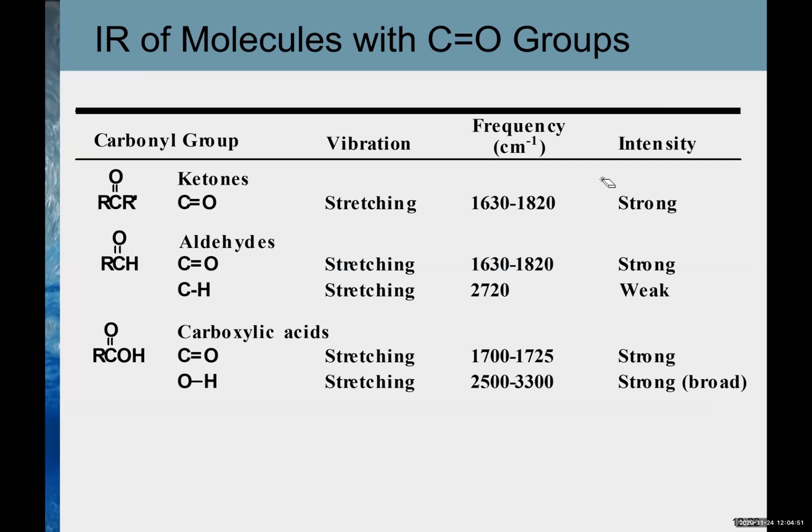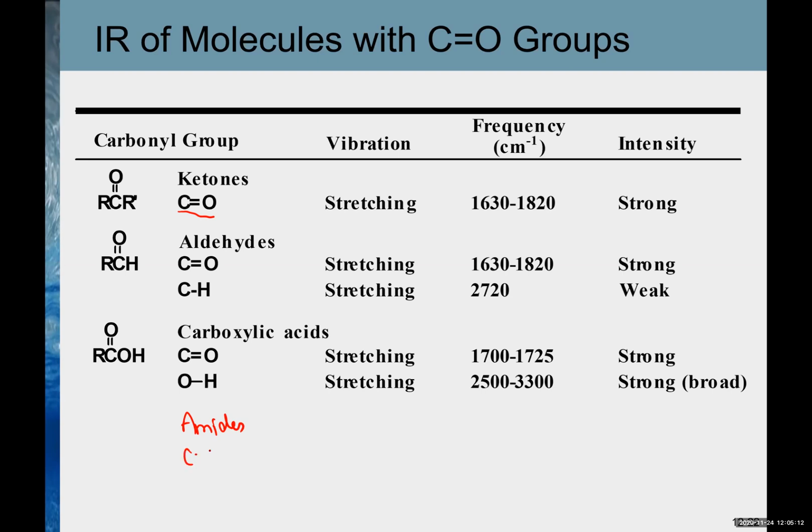And the last category of IR patterns is from carbonyl containing groups. In all the carbonyl containing groups, the common theme is that they have C=O. It could be ketones, aldehydes, carboxylic acids, or amides.